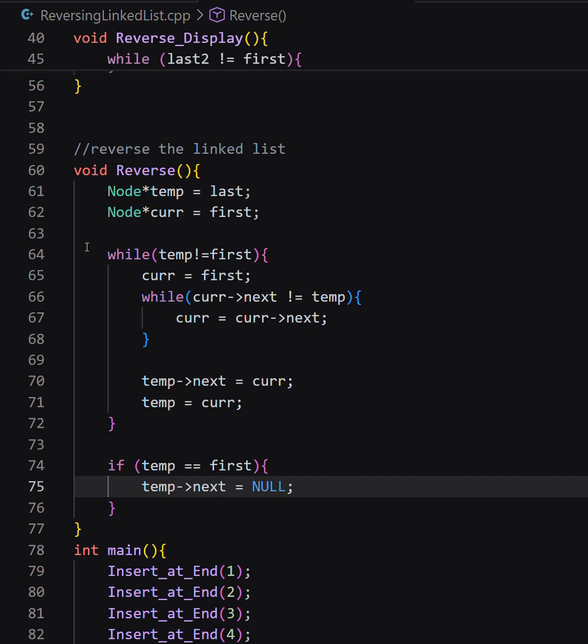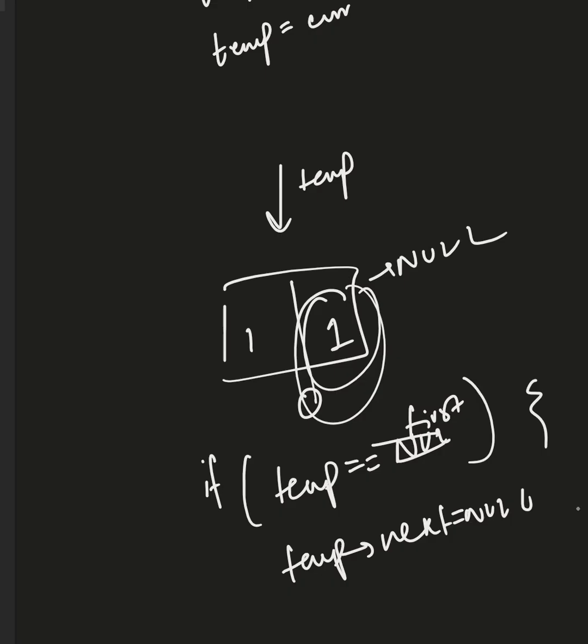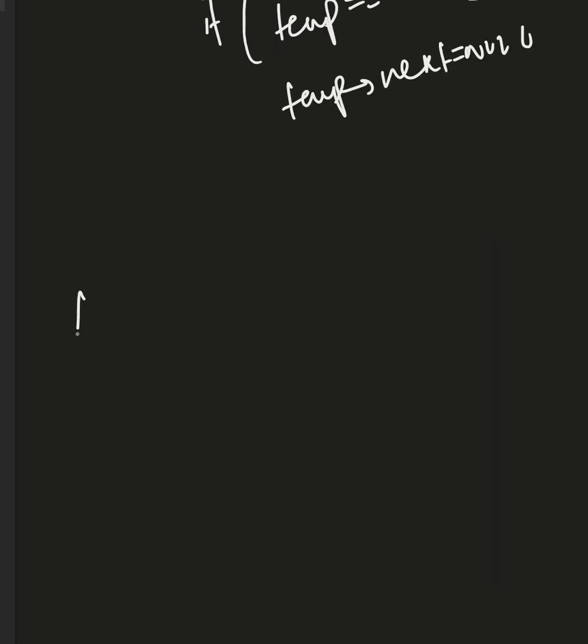So this part of the code does the complete swapping of the pointers, but one more thing is left, which is the swapping of first and last. So what we need to do is we need to change first to last and last to first. So for that we're gonna take another temporary variable, let's name it temp2.